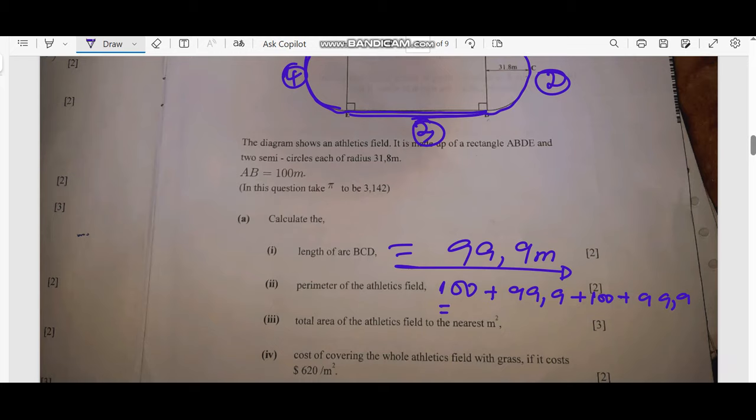Adding everything, 200 plus 99.9 plus 99.9 gives 399.8 meters as the perimeter. All right, done.